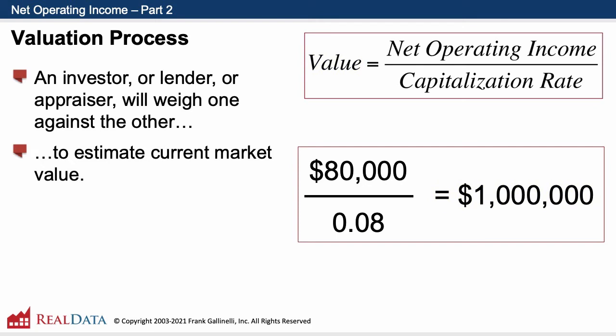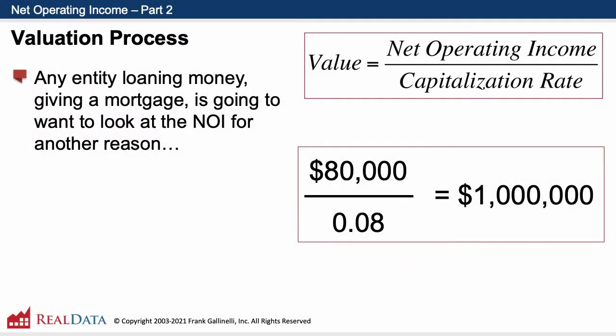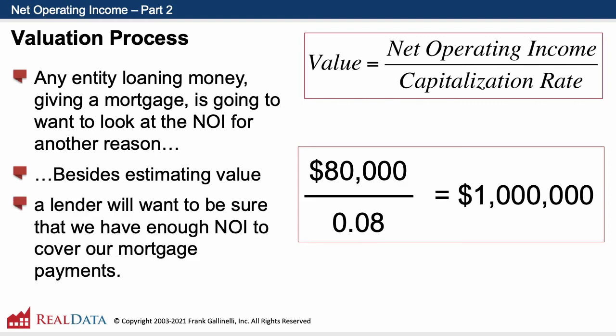But it also has another important use. I mentioned lenders a moment ago, and any entity loaning money, giving a mortgage, on a piece of income property, is going to want to look at the NOI for another reason, too. A reason besides estimating value. That lender will want to be sure that we have enough NOI to cover our mortgage payments.